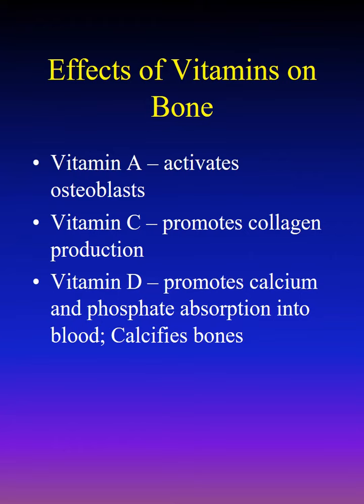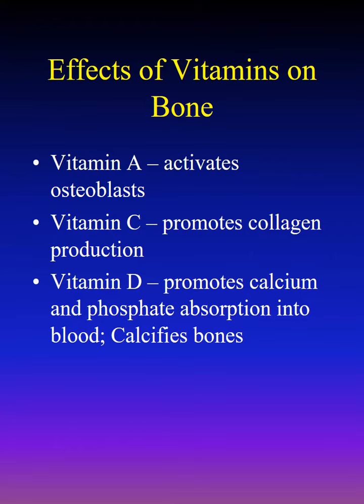And then finally, vitamin D is important for stimulating absorption and transport of calcium and phosphate ions to the blood. And so we also need vitamin D for calcification of bone, where when we have high levels of calcium and phosphate, we have an increased secretion of calcitonin, which then encourages the deposit of these minerals into our bones.